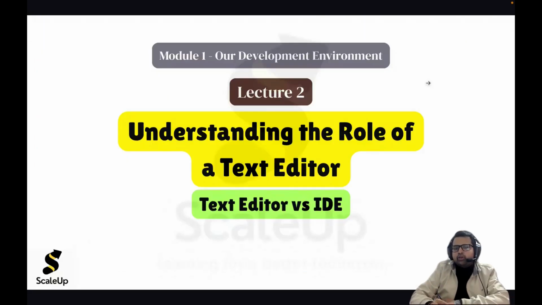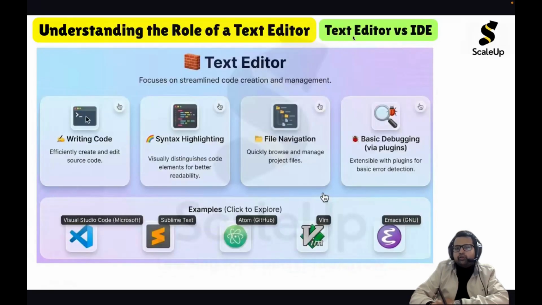Now we'll look into the next topic of this lecture, that is text editor versus IDE. A text editor is a tool wherein we can write, edit, and manage text files. Text editors focus on streamlined code creation and management.